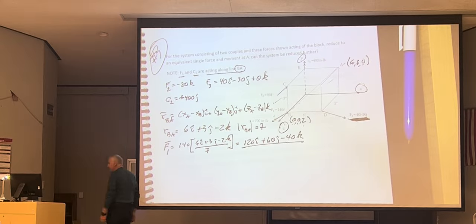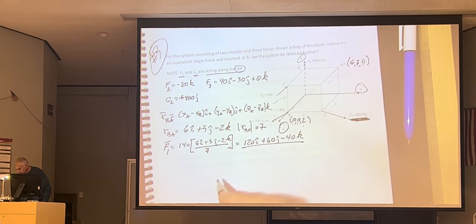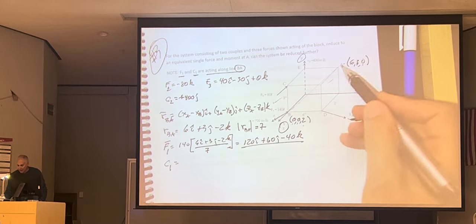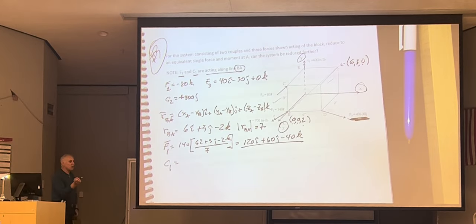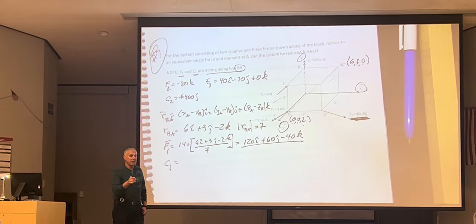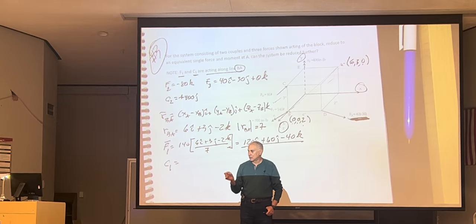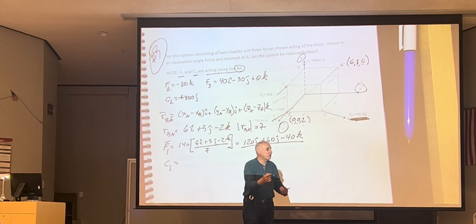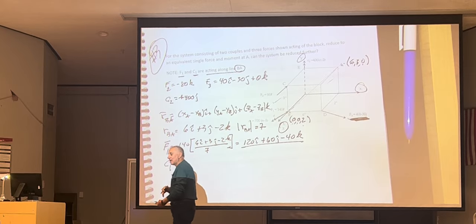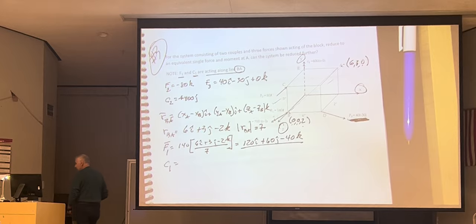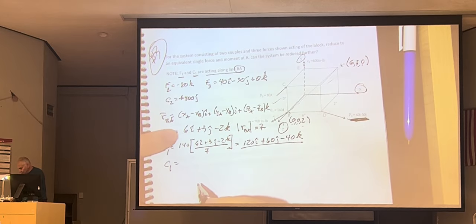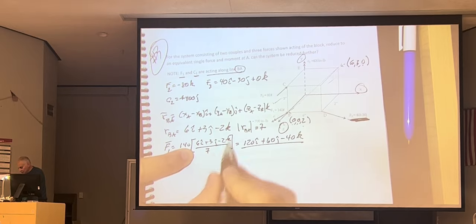What about C1? Remember, C1 is going from A to B. I have the position vector RBA. I really need RAB. All I have to do is negate RBA to get RAB. So here's my R, and here's my unit vector.